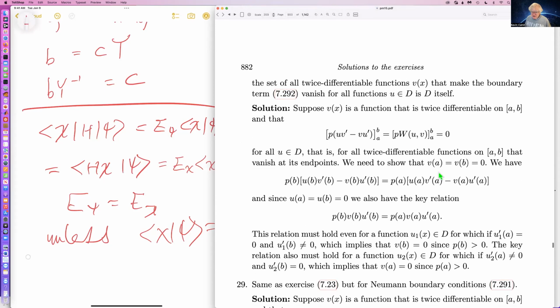Well, this is what you're given. What you do then is suppose that V is a function that's twice differentiable, and let's say the Wronskian vanishes in this way for all U. And so what we need to show is that V satisfies the boundary conditions.